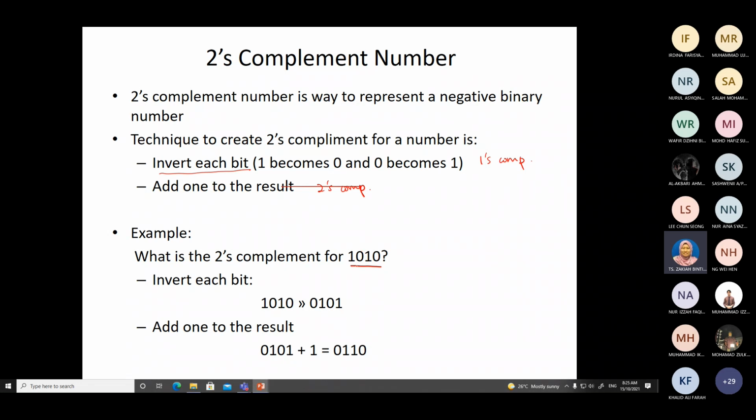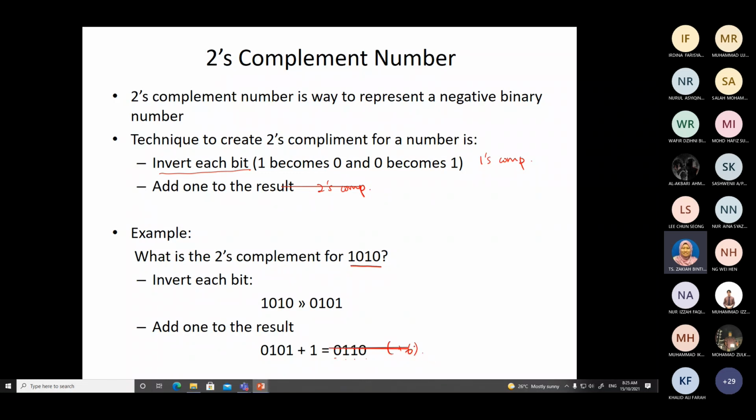What is given here is 1010, which we invert each bit to become the 1's complement, 0101. And when we add 1, you will get 0110. In this case, this is a 2's complement for positive 6.